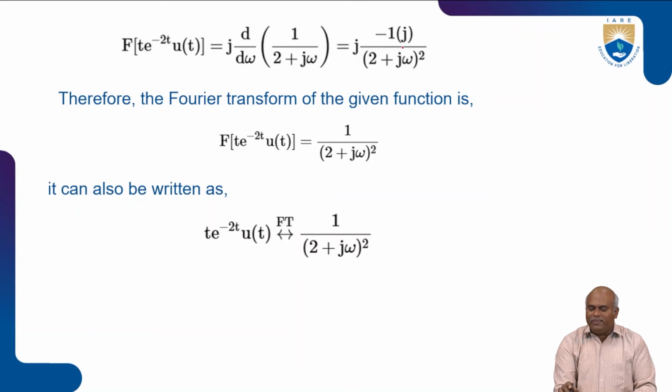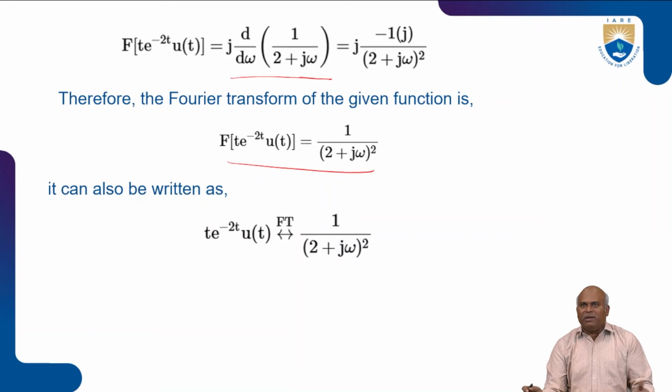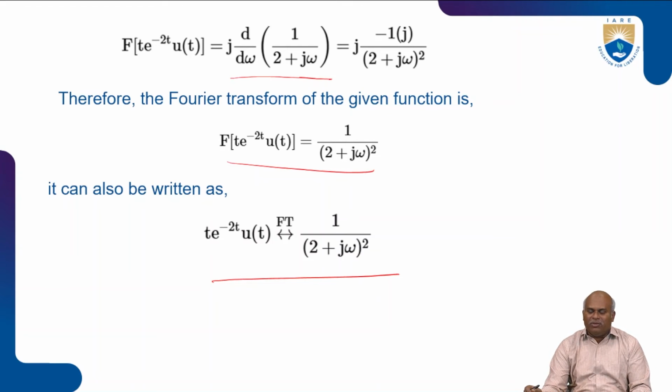If we differentiate this term, we get j times minus 1 by (2 plus j omega) whole square. Therefore t e^(-2t) u(t) has the Fourier transform 1 by (2 plus j omega) whole square, and the remaining portion cancels.